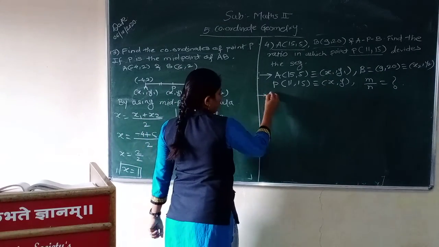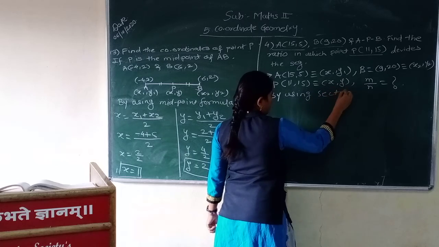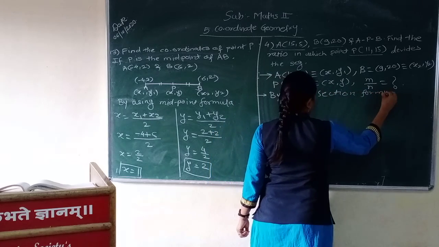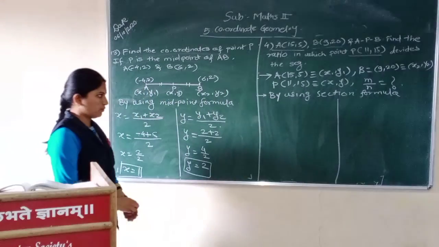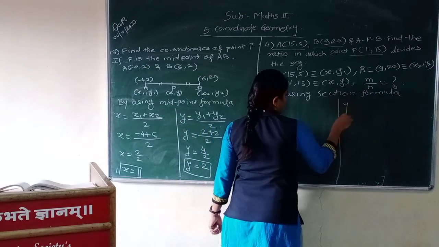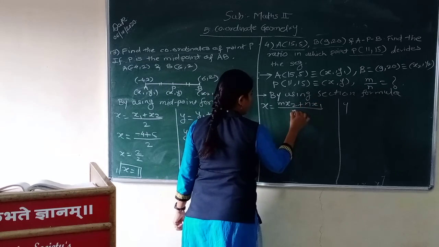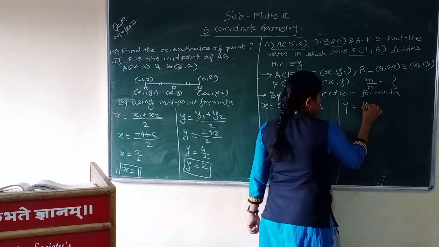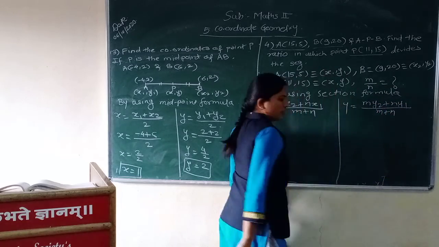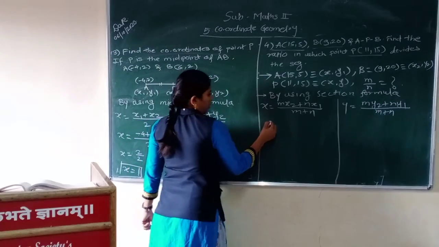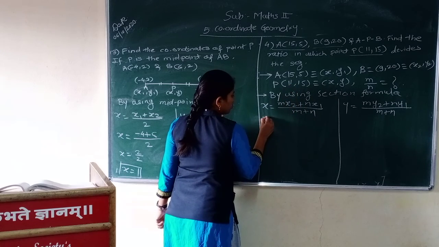Write down here by using the section formula. Firstly, write the formula for the x coordinate and y coordinate. (mx2 + nx1) upon (m + n). Here (my2 + ny1) upon (m + n). Then put the values. X is given, x is 11.